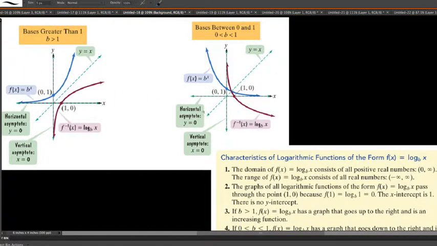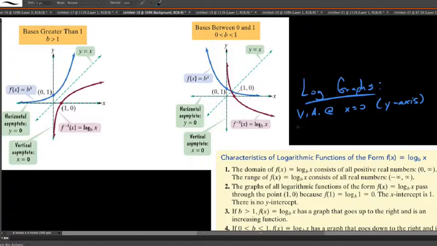So with our graphs here, these are important things to note about logarithmic graphs. We have this little table down here that's great to read through, but I just want to mention this. We have a vertical asymptote at x equals 0, or the y-axis, and an x-intercept at (1, 0).